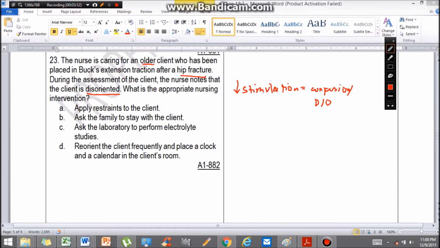Okay, so if you're confined to the bed, the client is not ambulating around. The client is prone to decreased stimulation, and actually, he is not at risk anymore because he is already manifesting disorientation. Now, the question is, what is the appropriate nursing intervention?